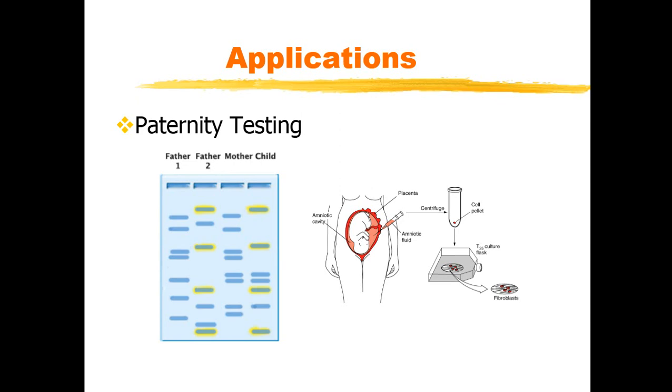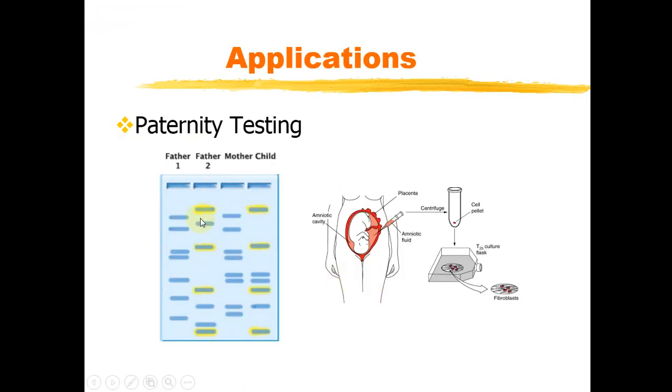Paternity testing. So this is the child's DNA fingerprint, the mother's DNA fingerprint, and a father claiming that this is my child, and another father too. So the DNA fingerprints of the child are inherited from the mother as well as the father.